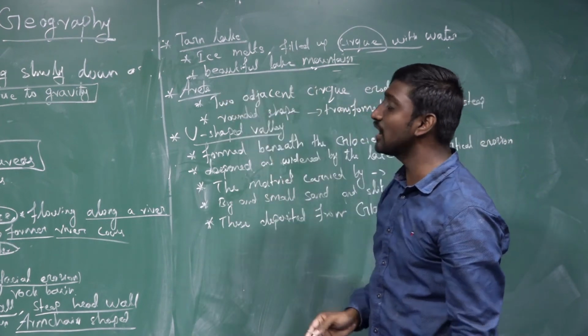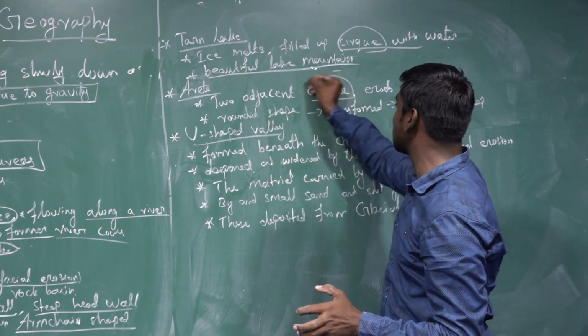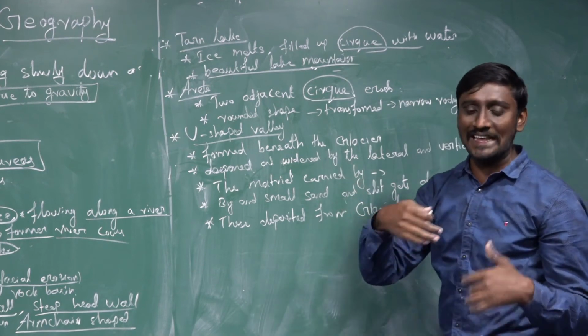Next, arête. An arête forms when the two edges of two adjacent cirques erode towards each other.